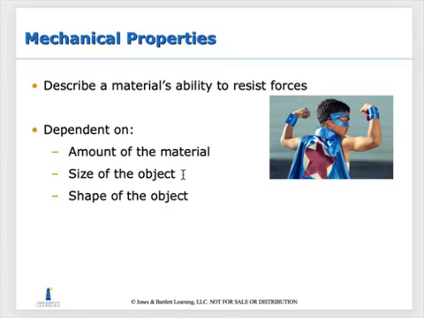Then there's the size of the object. Sometimes certain materials that are bigger are not always stronger. For instance, a full composite overlay is not going to be as strong as a full zirconia crown, right? And then the shape of the object as well, which coincides with that overlay compared to crown analogy I just mentioned.